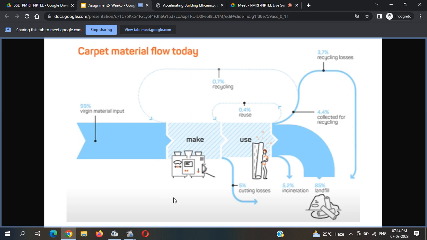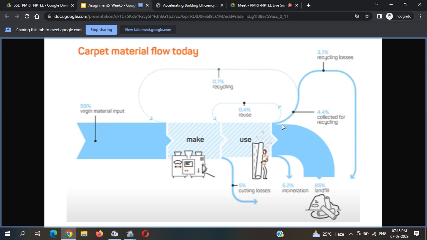Then it goes into the manufacturing process, so make, and then to use. In the manufacturing process, there are a lot of cutting losses. So 5% of the material amounts to cutting losses in the manufacturing process, and this material from the cutting losses, because it is not being used, goes directly to the landfills.